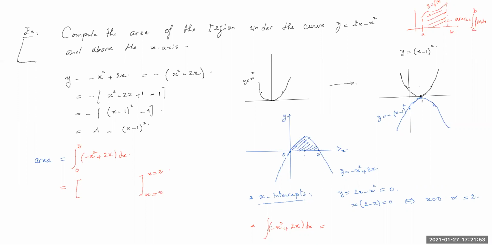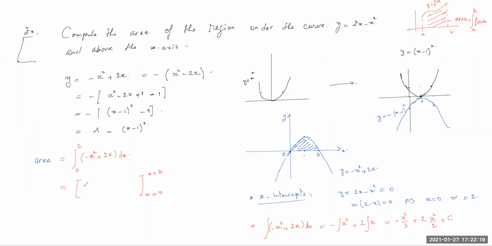So what is an antiderivative of this function? This one is easy. It will be minus an antiderivative of x squared plus 2 times an antiderivative of x. Each of those is a power function, so I can say it's minus x cubed over 3 plus 2x squared over 2, plus a constant.